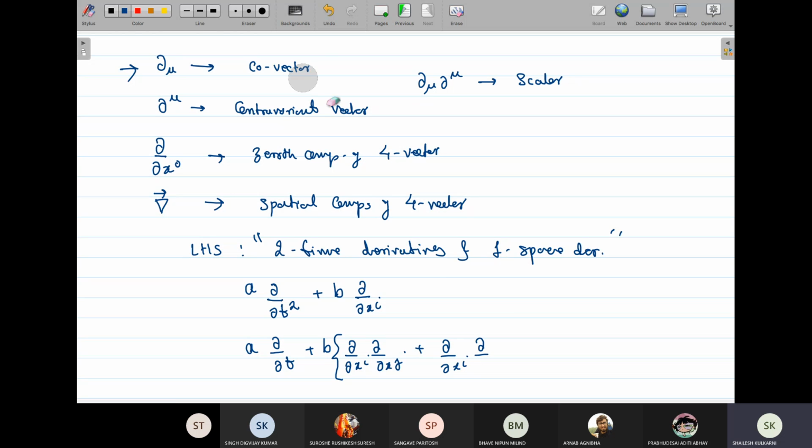Let me write it in a shorthand notation, because it will be convenient. Suppose I have something like this, del I. This is what we can get. There will be a term where it's not a divergence, but something like this. You adjust some indices here, and there will be a term like your Laplacian.